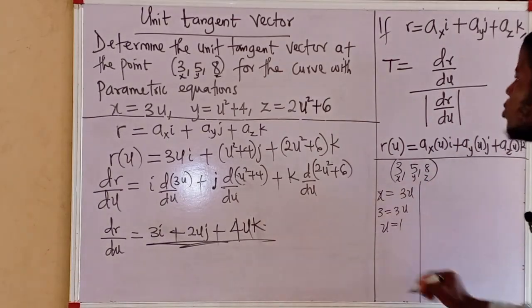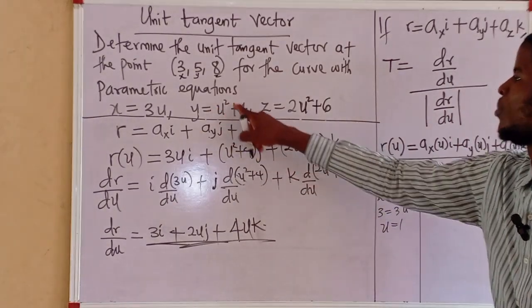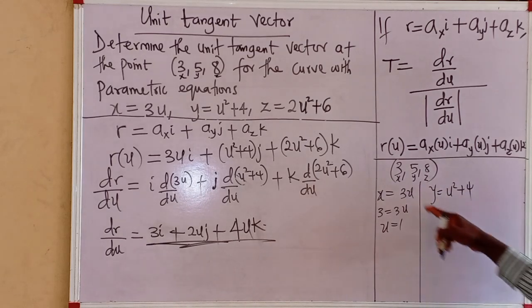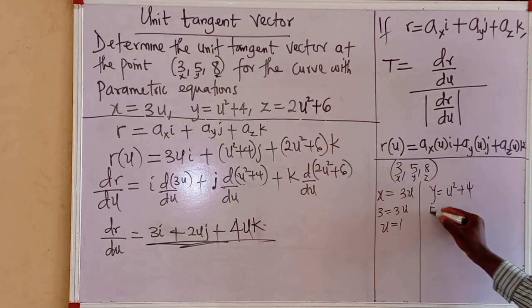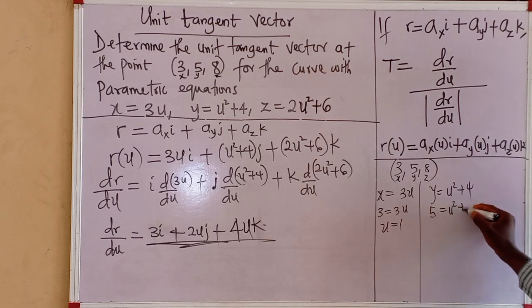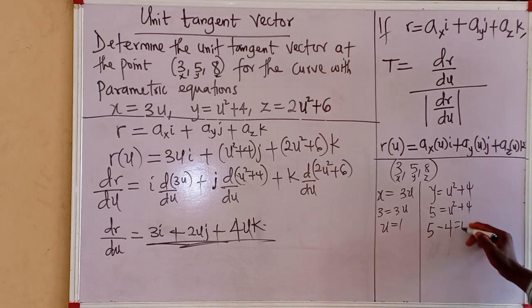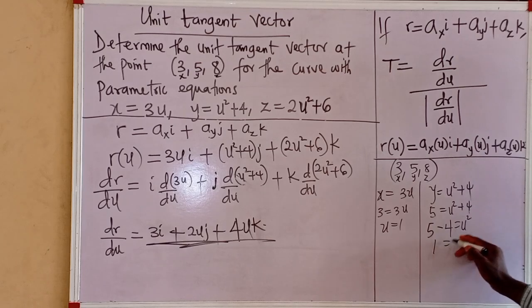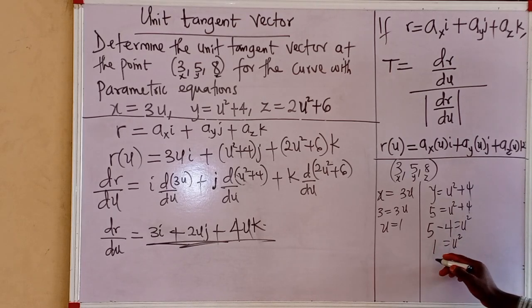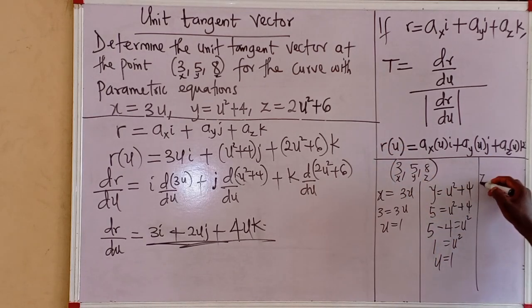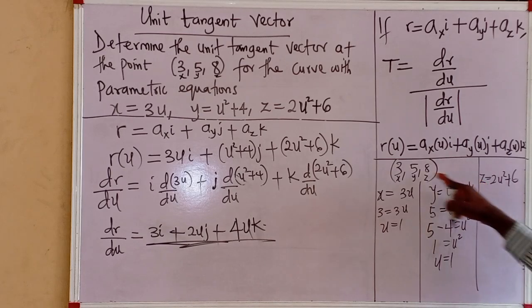What if I use y equal to u squared plus 4? y is 5. So 5 will be equal to u squared plus 4. 5 minus 4 is equal to u squared. This is 1 equal to u squared. So if I take the square root of both sides, it means that u is still equal to 1. What if I make use of the z equation, z equal to 2u squared plus 6? z is 8.